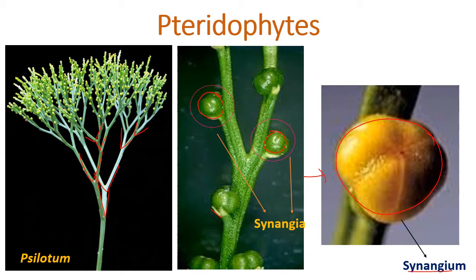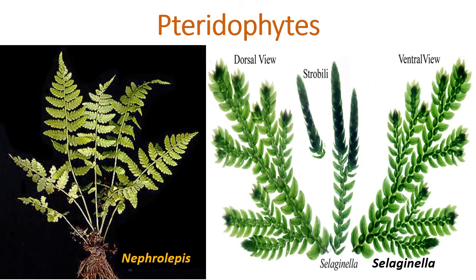A few other examples we have. Let's see. Here you can see Nephrolepis, where these are the compound leaves, and if you look on the back side of these leaves you can see such reproductive structures, that are called a sorus.